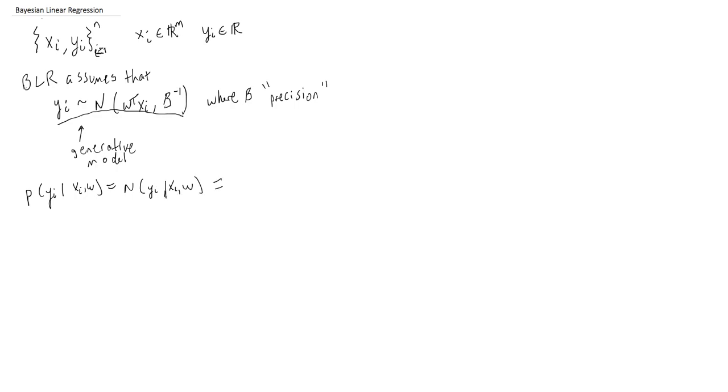That's just equal to the density of the normal PDF times e to the negative beta over 2 times the square of y_i minus w transpose x_i. And this is known as the likelihood of that particular point.